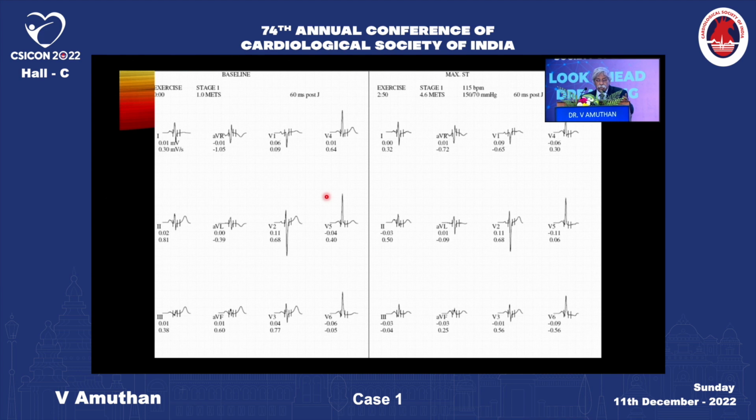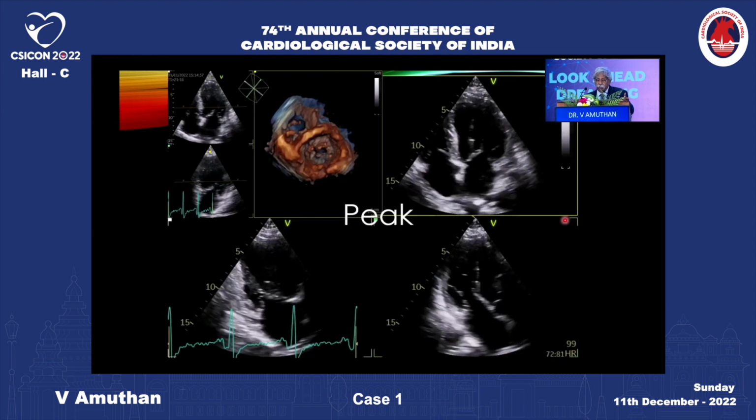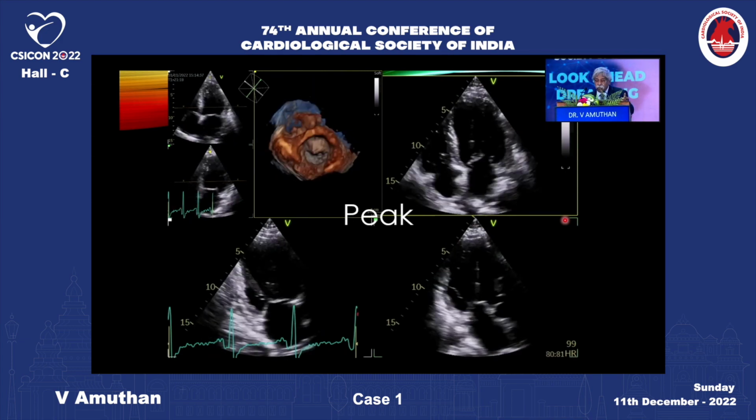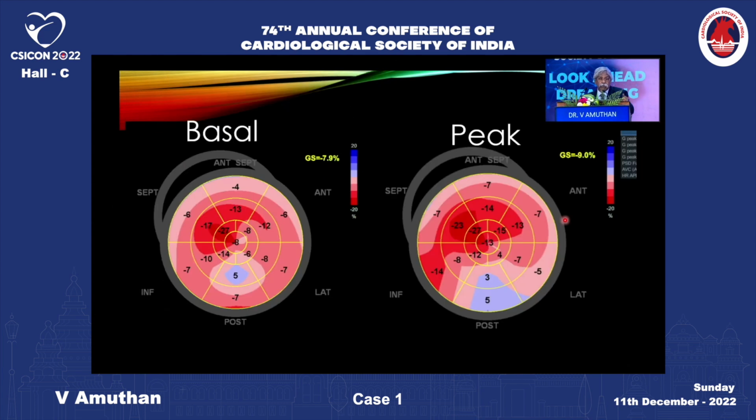Now the baseline Bruce you can see here, and he did only 2.5 minutes, and that was only around 4 minutes of exercise, and you see he already had ST depression in V5, V6, and he stopped the exercise. And see, this is the peak. This is the peak triplane view as well as the full volume, and this is the comparison you have.